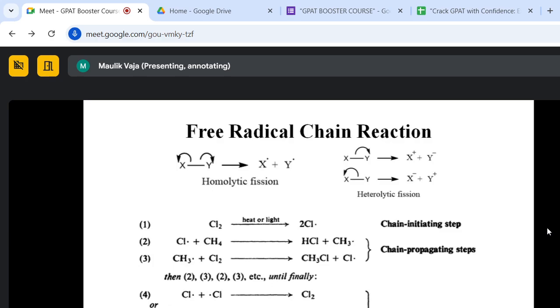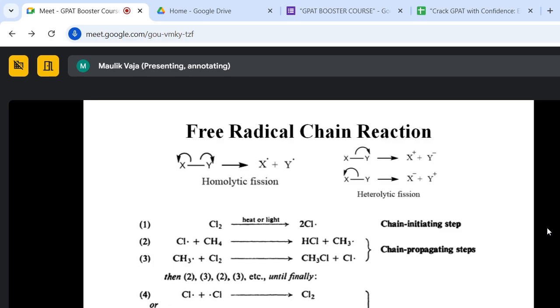From this reaction, the question will be like, what will be the first step of a free radical chain reaction?